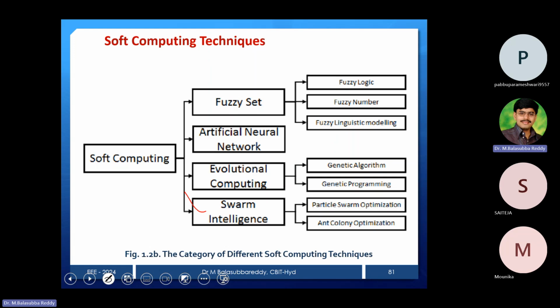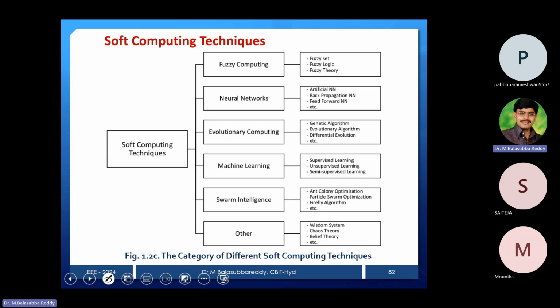That algorithm we apply to an actual, real world problem, to solve that problem. So this is the best way, if you are asked, to explain or represent the classifications of soft computing techniques. It is a mixture of all the things.